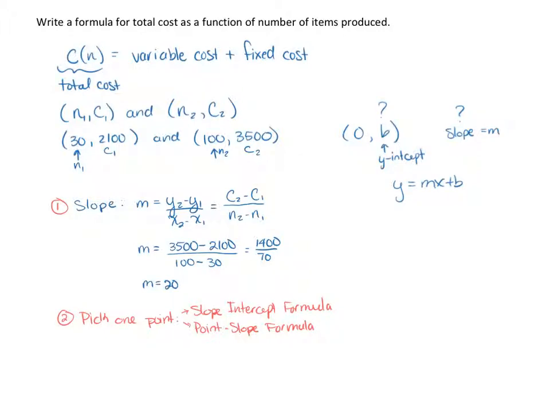So we're going to pick one point, and use either the slope-intercept formula or the point slope formula to get B. And our goal is to find the y-intercept.